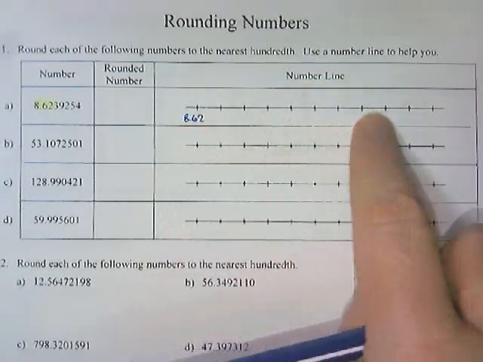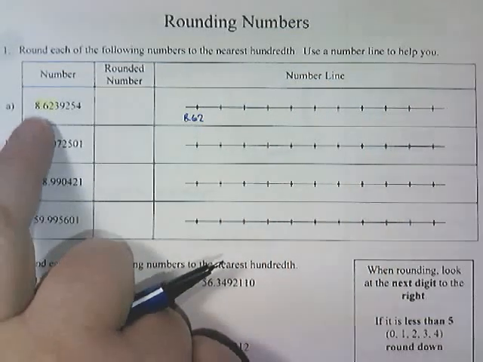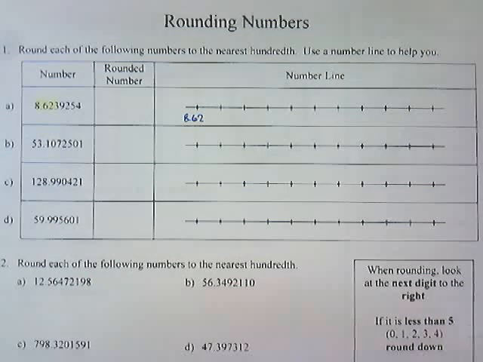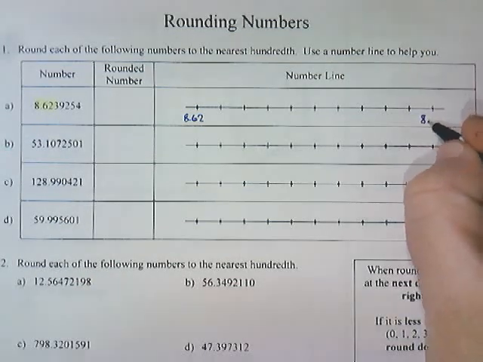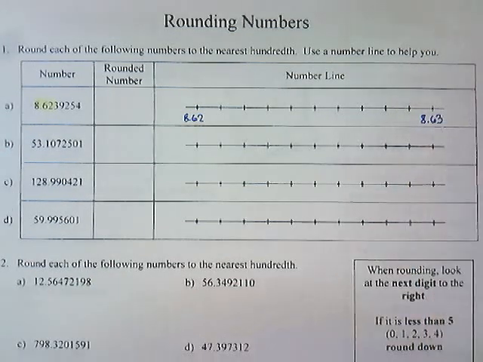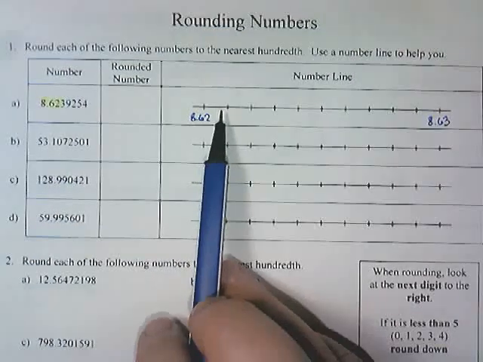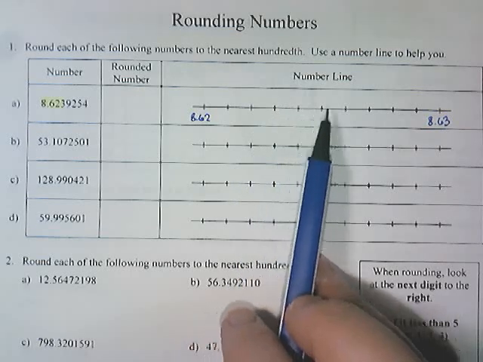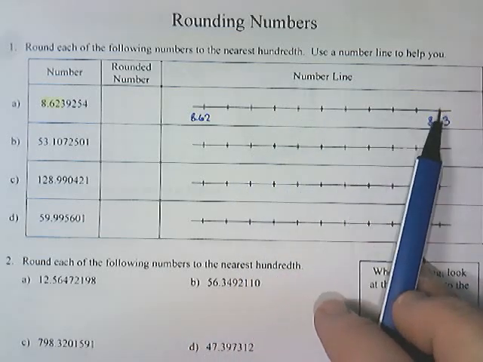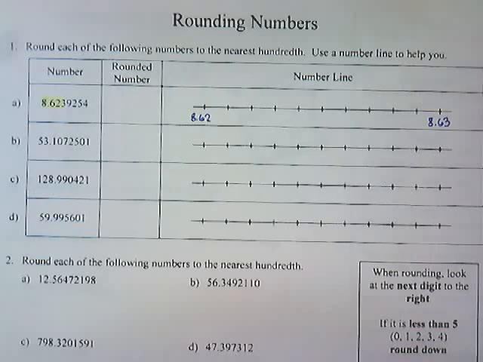On the other end, I'm going to mark what it would be if I rounded up, which would be 8.63. That would be the next number up after 8.62. And if you count, you'll see there's 1, 2, 3, 4, 5, 6, 7, 8, 9, 10 spaces in between. And I picked that intentionally.